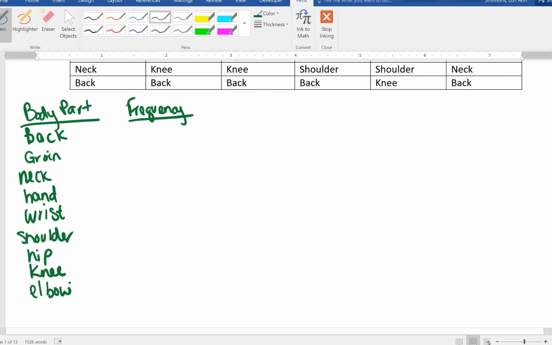So I would like you to go up above, pause this video, and count how many times each one occurs. When you're ready, play the video.